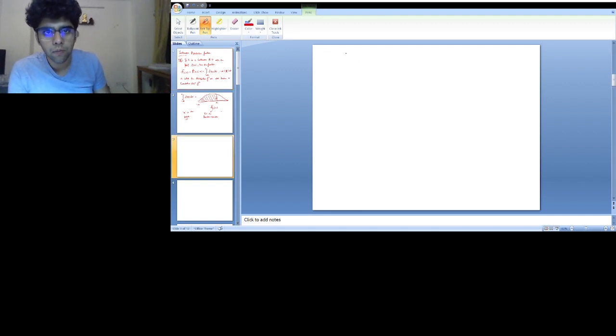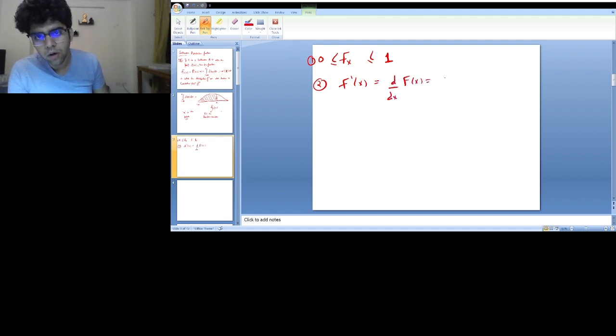Let's discuss the properties now. A cumulative distribution function will always lie between 0 and 1 because it's the area under the curve, right? Let me just write this as the first property. The second property will be F dash x, the first derivative of the CDF, is equal to the PDF, which is greater than or equal to 0.